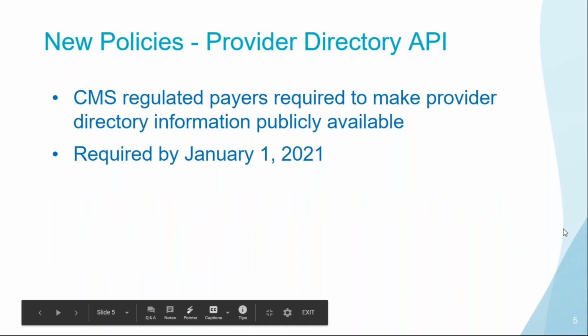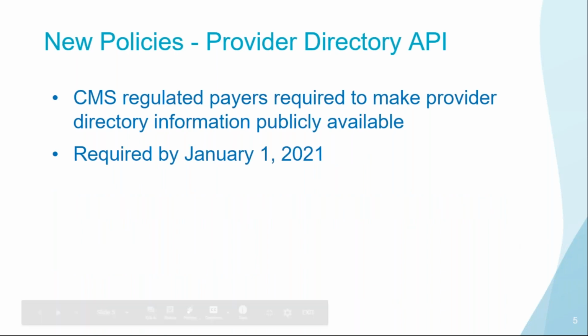The next one, the Provider Directory API. This is about CMS regulated payers, like Medicare Advantage, CHIP, all of the payers that CMS has control over. And they have to make a provider directory publicly available by January 1st of 2021.